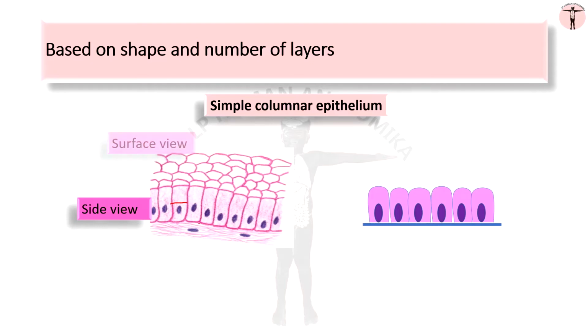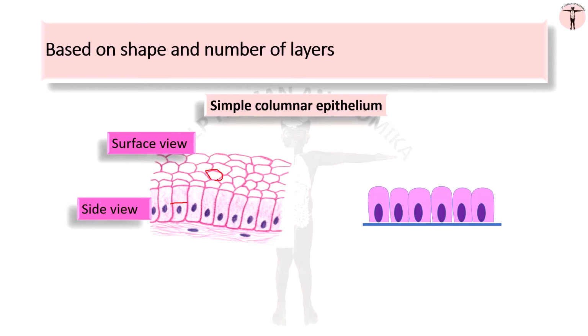On the surface view, you can see it is polygonal in shape, and in simple columnar epithelium, there are no surface modifications. This type of epithelium is present in stomach.